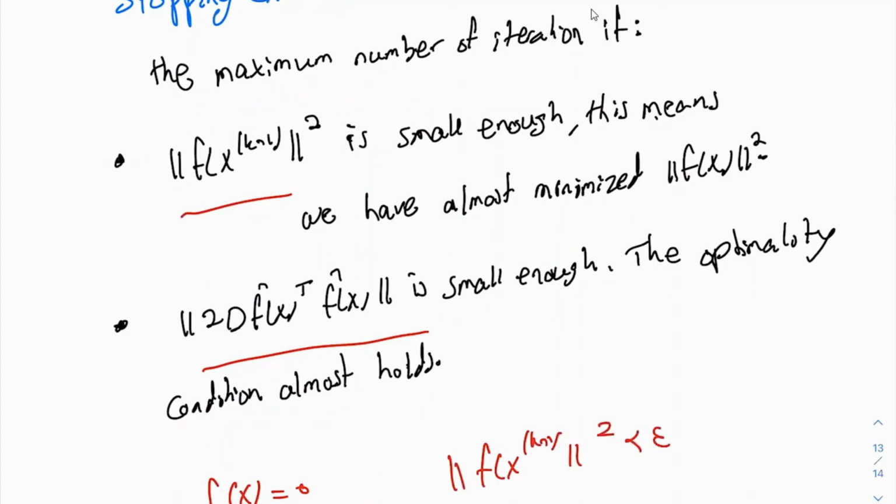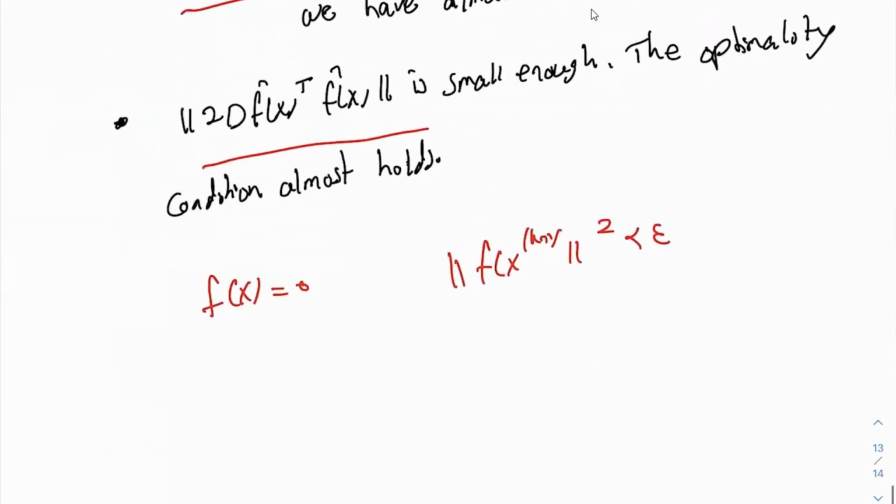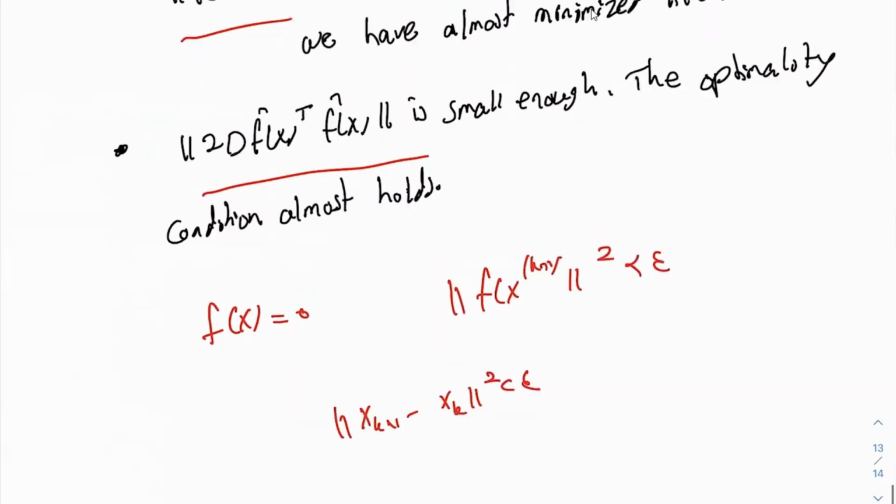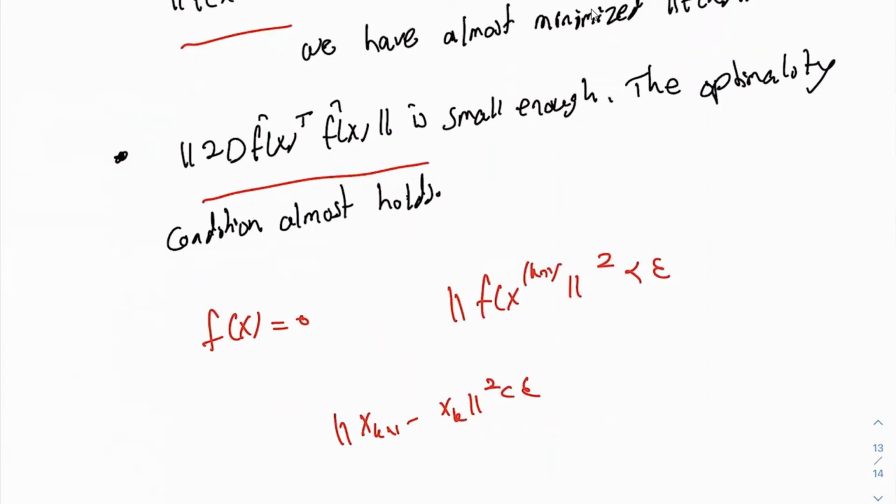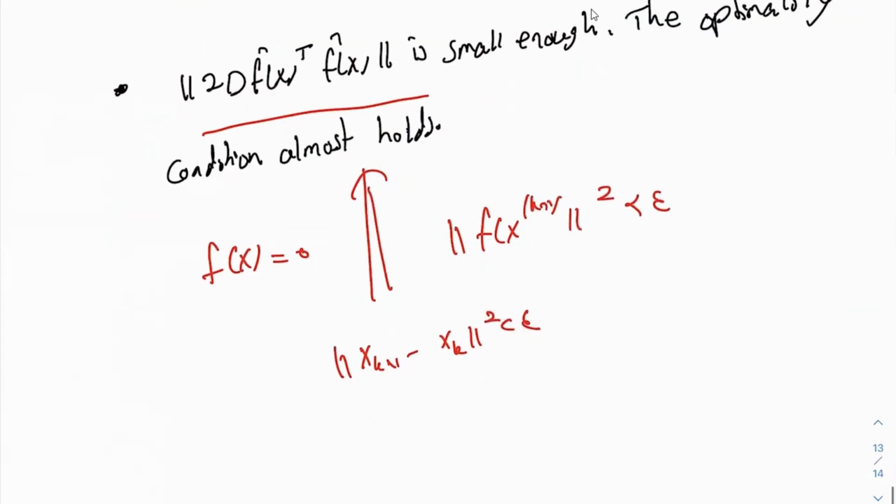Another one is that the norm of xk plus 1 minus xk is small. This is similar to the optimality condition, but there are many ways. And also another one is the maximum number of iterations, which should always be there. These are stopping conditions that are shared between many different nonlinear least squares techniques.